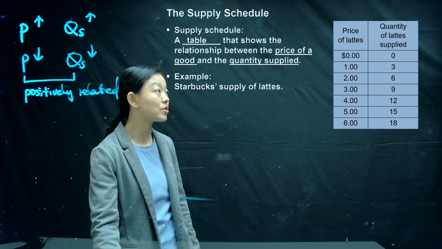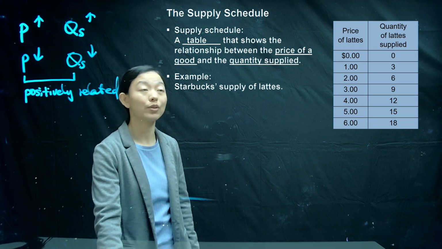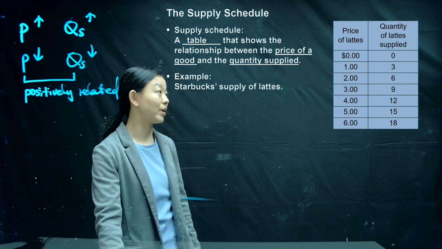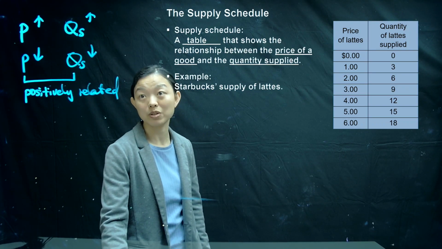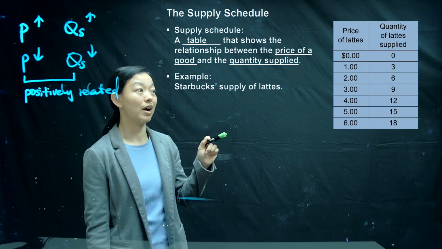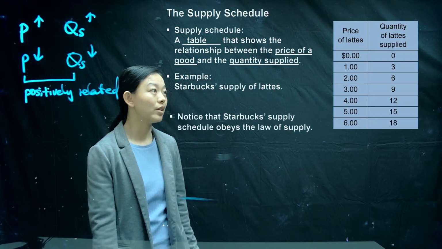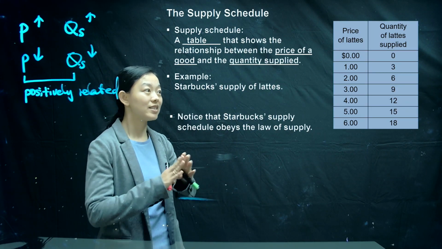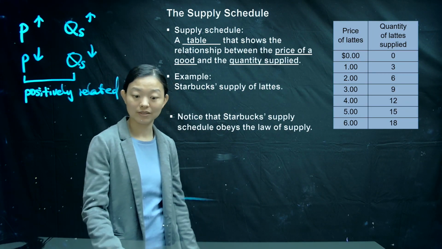When the price increases to $1, it can offer 3 units. When the price increases to $6, then Starbucks would like to offer 18 units. So you can see as the price increases, the quantity supplied increases as well. So this supply schedule satisfies the law of supply, right?